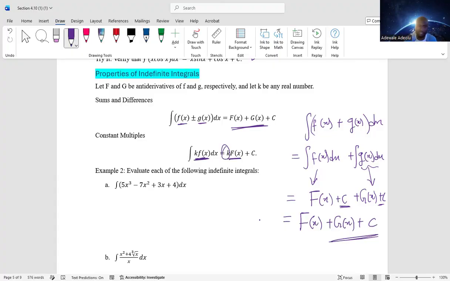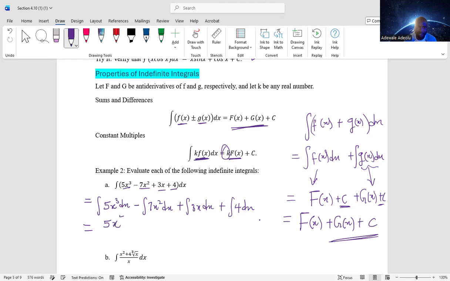Let us take a look at an example. This is 5x cubed minus 7x squared plus 3x plus 4. The rule we just learned says we can take the antiderivative of each of them: the integral of 5x cubed dx minus the integral of 7x squared dx plus the integral of 3x dx plus the integral of 4 dx. We can use the power rule since it is a power function in each case.